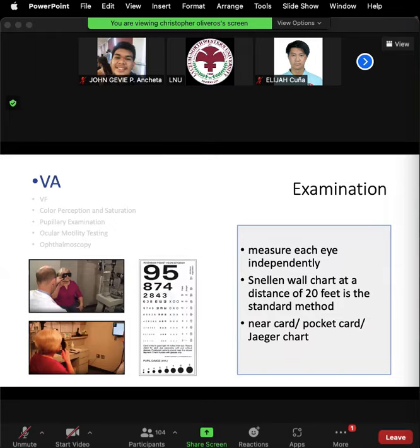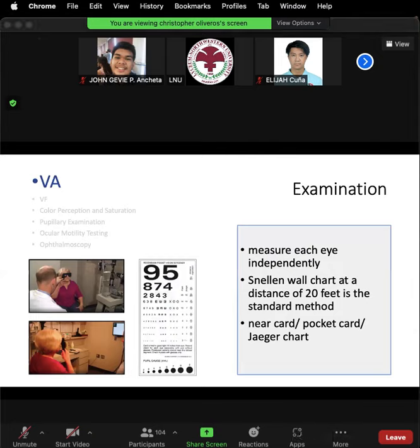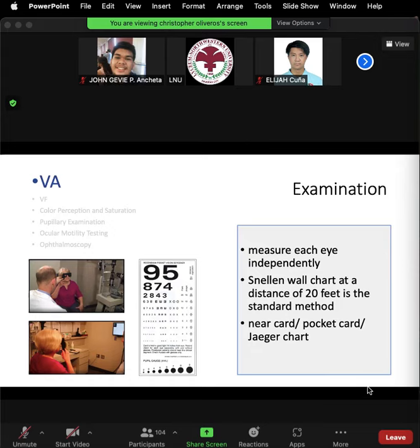You will encourage the patient to read as much as he or she can, because sometimes patients tend to be a little bit hesitant or lazy to finish it. But the more they can read, the more accurate the visual acuity testing. I guess this was already discussed with you, so we will just browse through it.